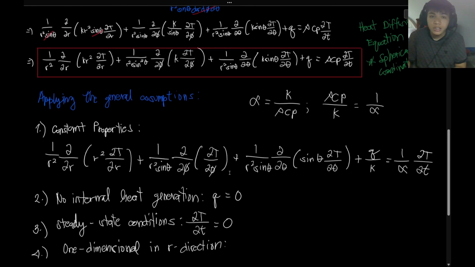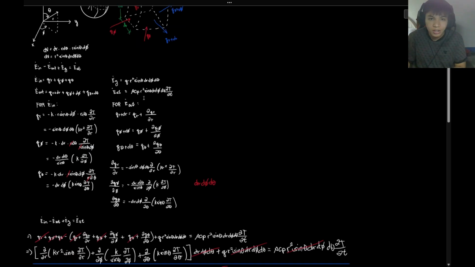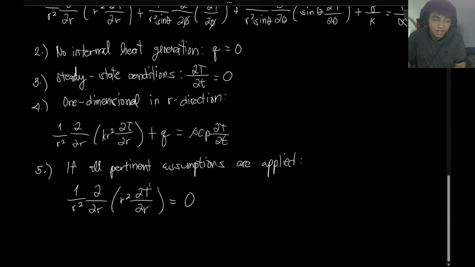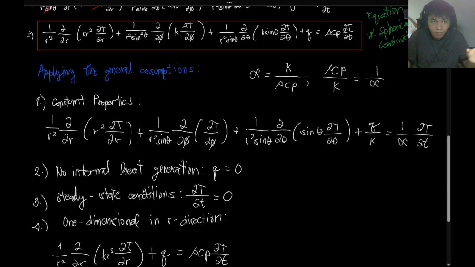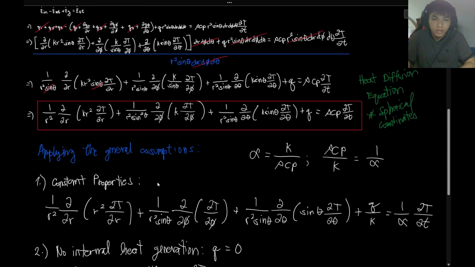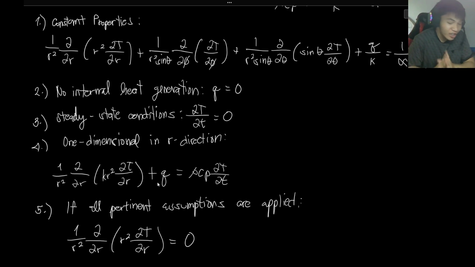So, ayan, this is the final process on deriving the diffusion equation in terms of the spherical coordinates. So, ayan, I hope you guys have learned something. So, I hope you can use this in the upcoming quiz in case that we are asked to derive this.